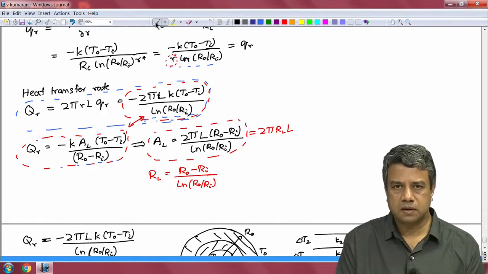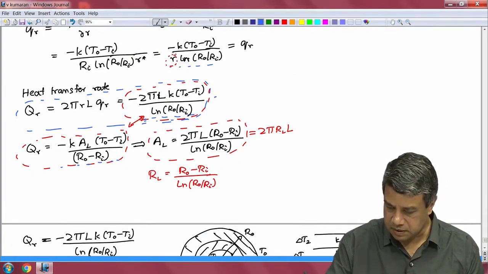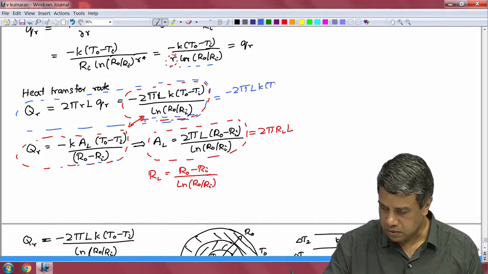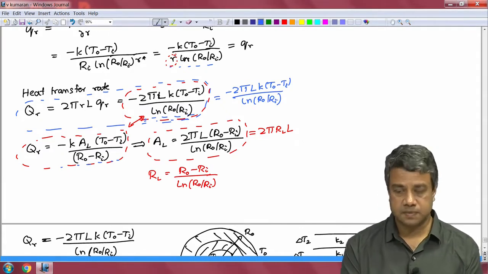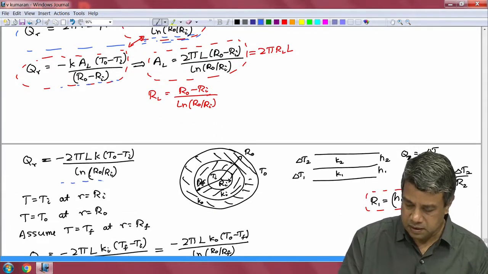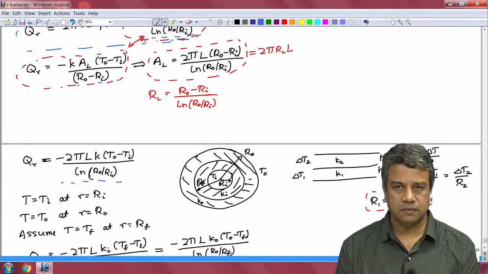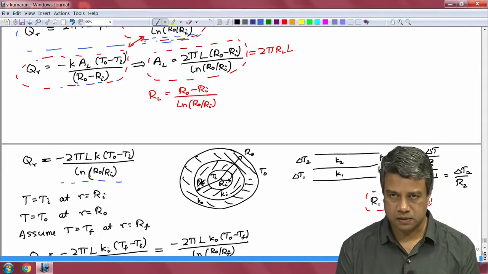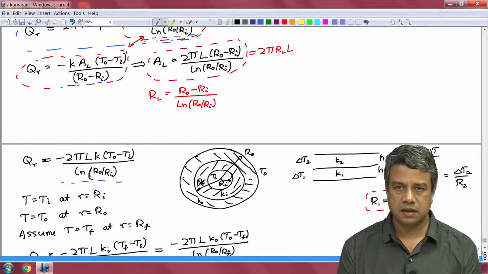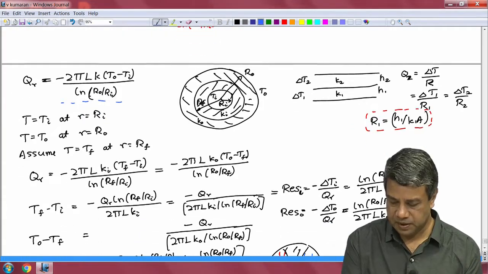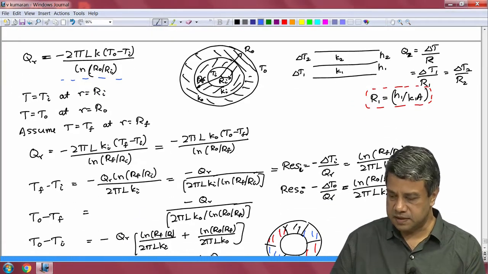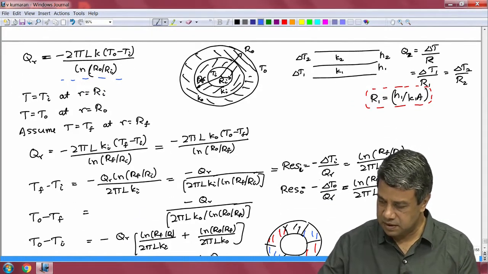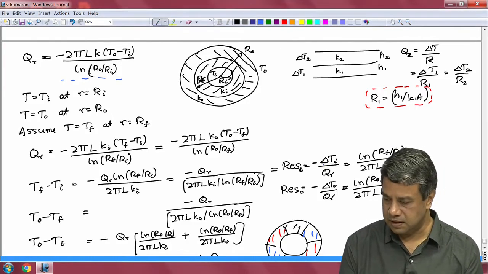So, the total heat transfer rate, I will just write it again here, is minus 2 pi L k into T naught minus Ti by the natural logarithm of R naught by Ri. That is the expression for the total heat transfer rate for a tube of length L with inner radius Ri, outer radius Ro, inner temperature Ti, outer temperature To. And we also got the heat transfer resistance, which is minus of delta T by Qr.